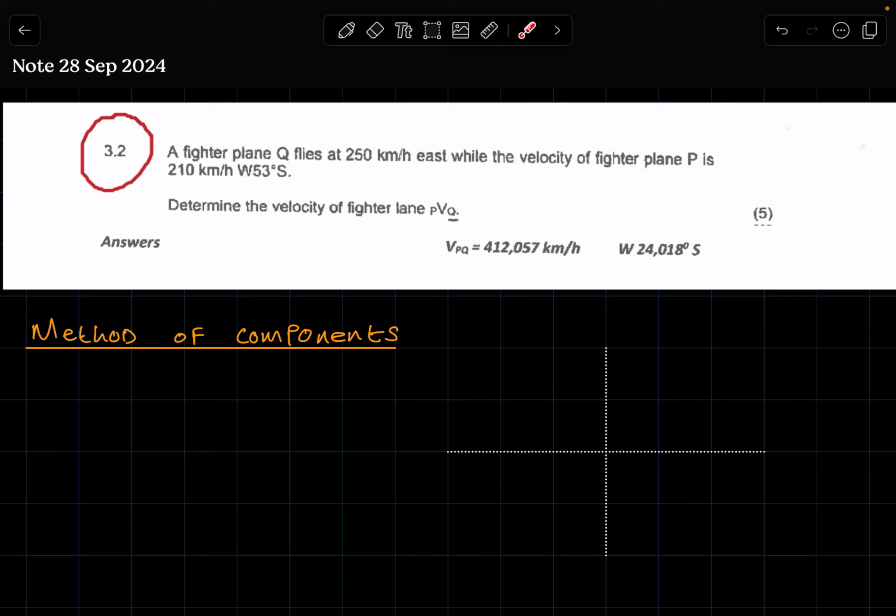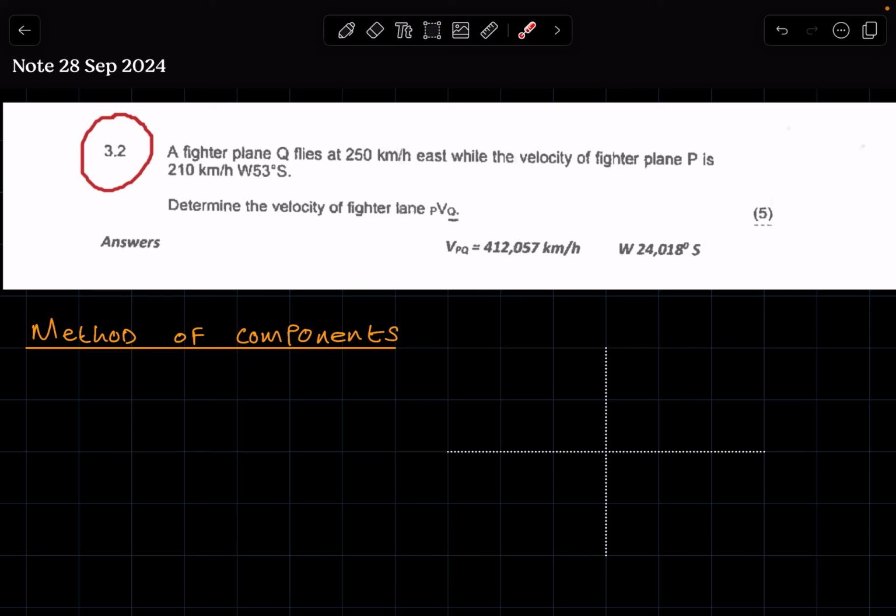You'll be given two objects, or however many objects, can be three, can be four, but in whatever question that you need to determine, you will essentially be looking at just two objects. So with relative velocity, what you are trying to determine is the velocity of one object relative to another, or compared to another, or in reference to another, or with respect to another.